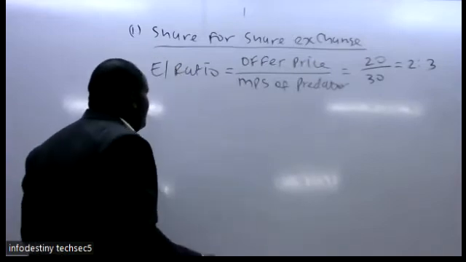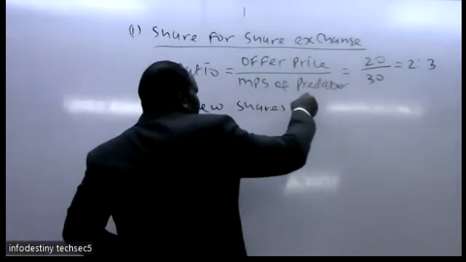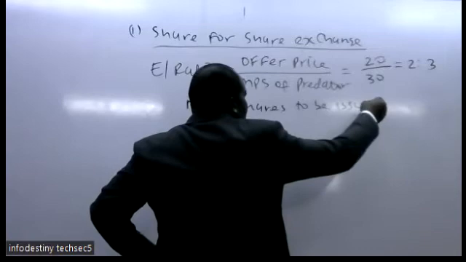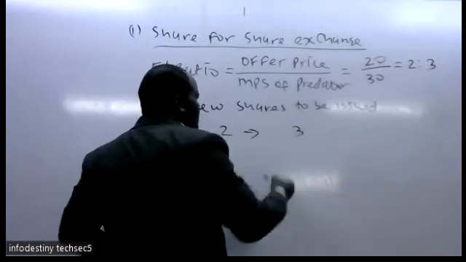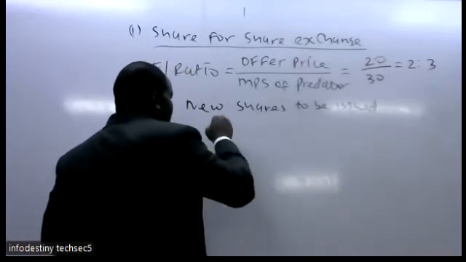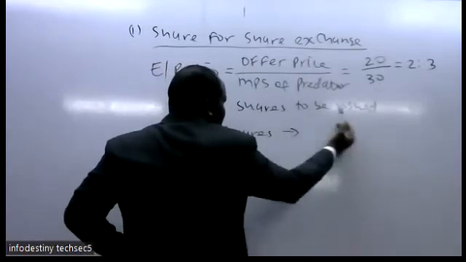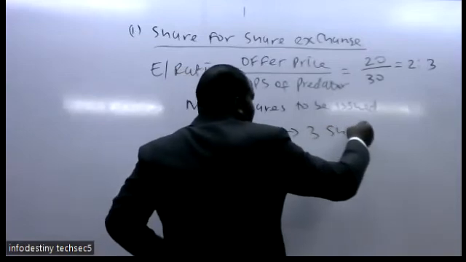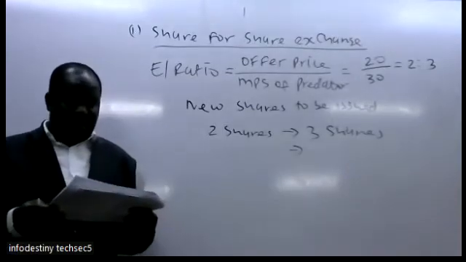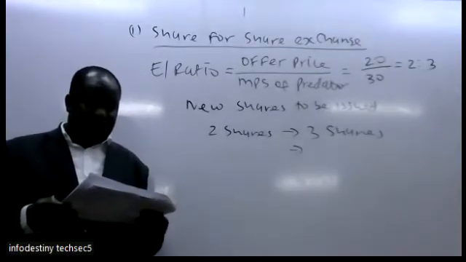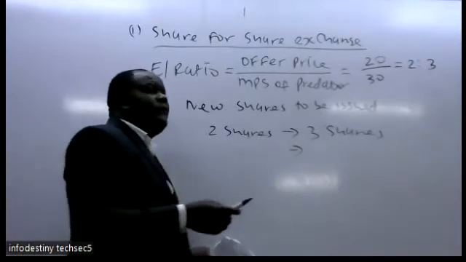From there, you get the new shares to be issued. 2 shares of the predator are equivalent to 3 shares of the target. The target is Dogo Limited. How many shares does Dogo Limited have? The number of ordinary shares of Dogo is 2.5 million.